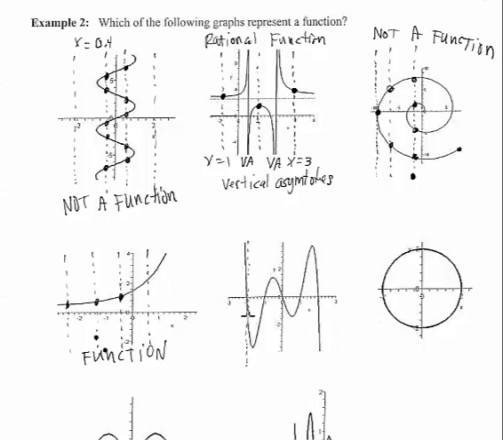And then you can probably see more easily that in the middle the same is true. Any vertical line along the x-axis only hits it one time. So this is a function.